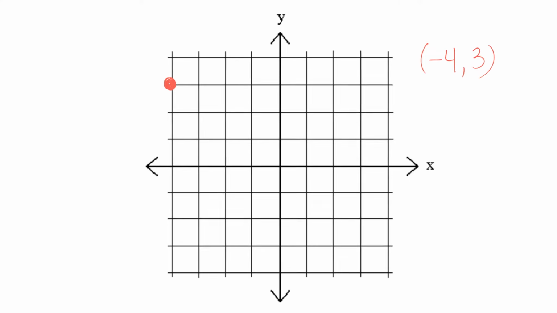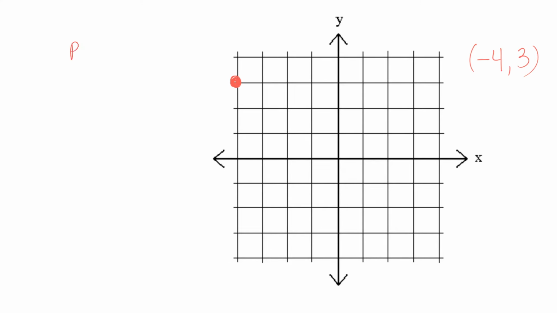Okay, so step 1, plot point. Step 2, draw standard position. So we're going to draw a standard position angle. To do that, I'm going to remember what standard position looks like, and it's over here. And then it's going to angle up this way. Okay, so here's my standard position, and here's theta.